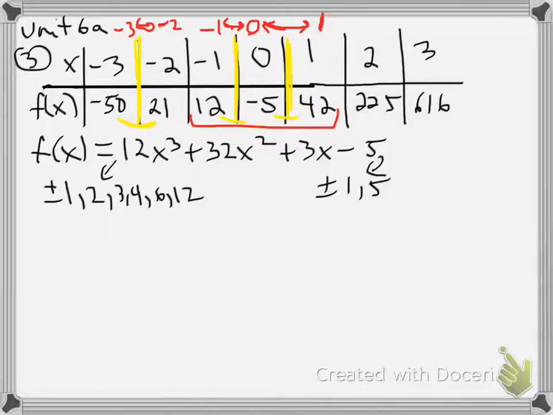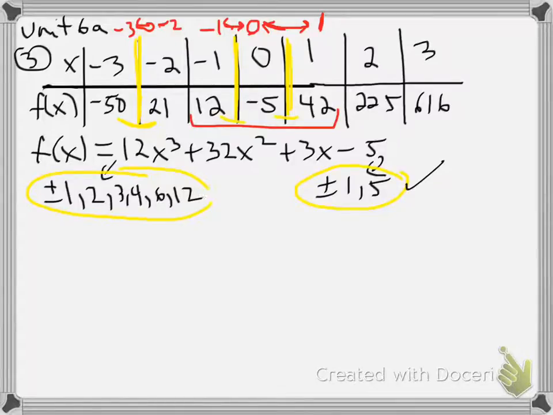And so we know that the factors are going to be these ones on top of the fraction, these ones on bottom. And we'll have to do all the combinations. So I'm going to write out the combinations really easily.